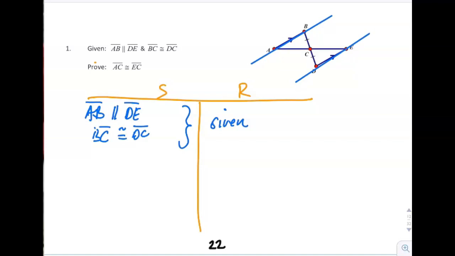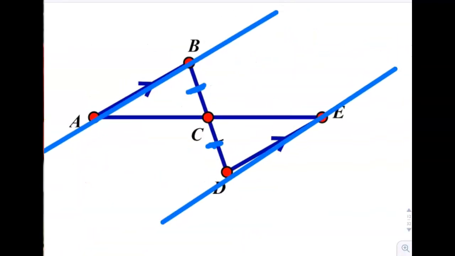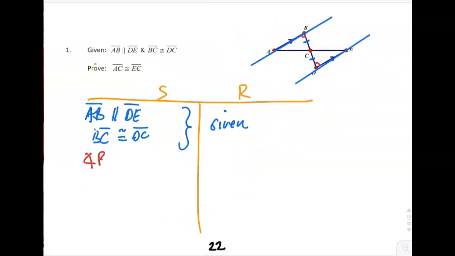And we also have that BC is congruent to DC. Now the parallel means that I'm going to have alternate interior angles at B and D. So I'm going to go ahead and say angle B is congruent to angle D because parallel lines lead to congruent angles.